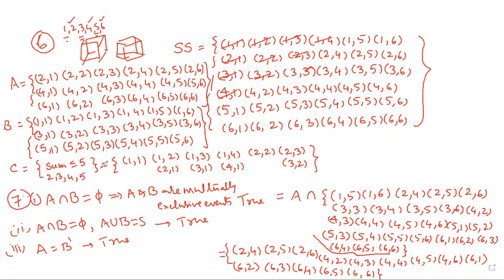Is there anything common in A and C? 2 comma 1 is common, 2 comma 2 is common, 4 comma 1 is common, 2 comma 3 is common. A intersection C has some common elements. Therefore, it is not mutually exclusive. False. The fourth bit is false.